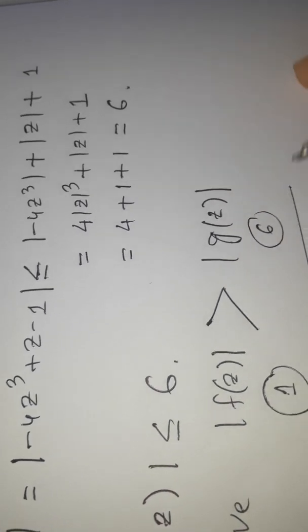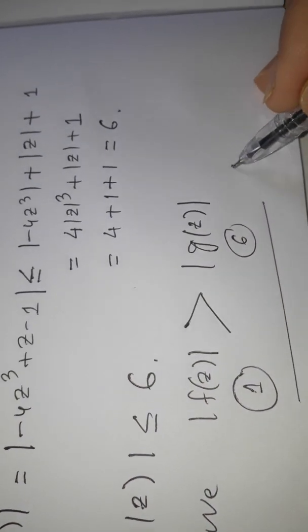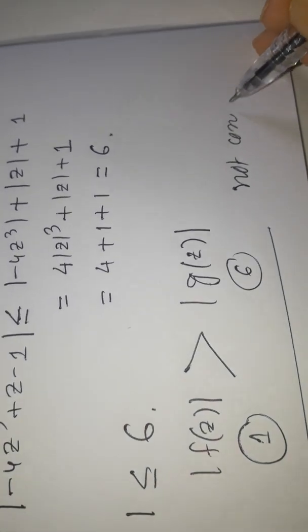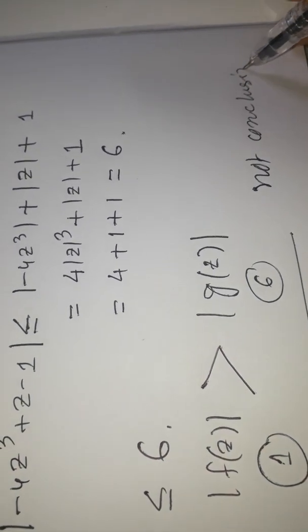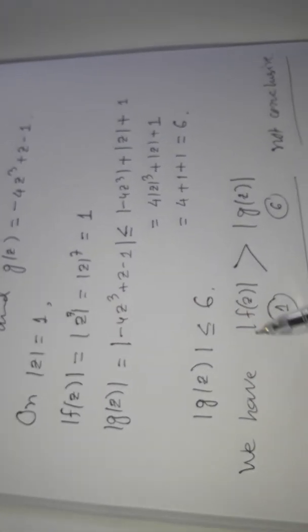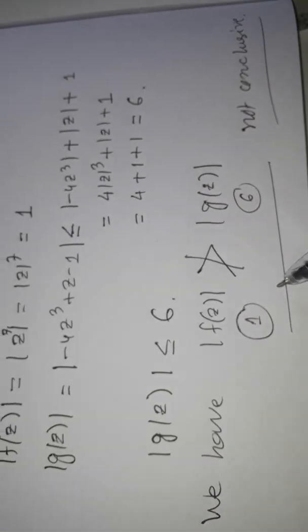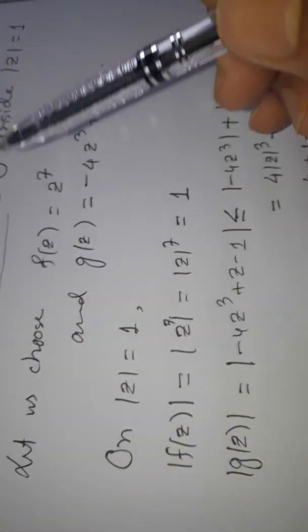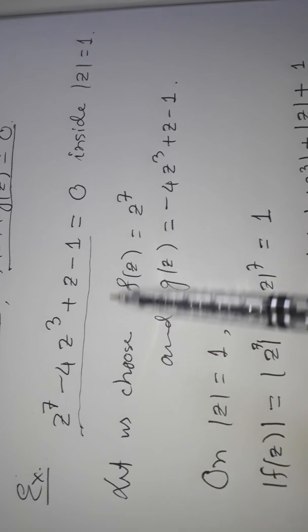So this is not conclusive. Therefore I cannot apply Rouche's theorem in this case, and we have to choose f(z) and g(z) another way.